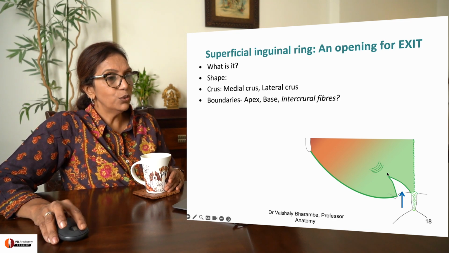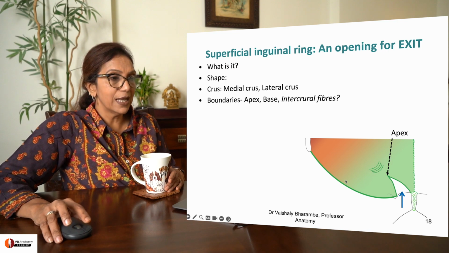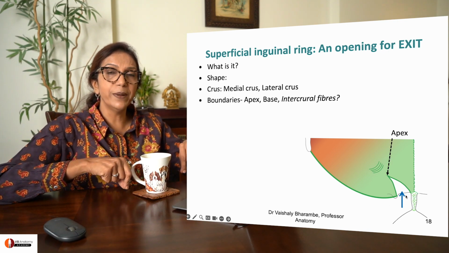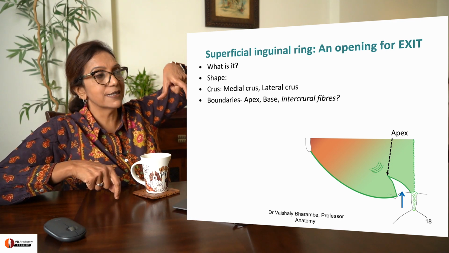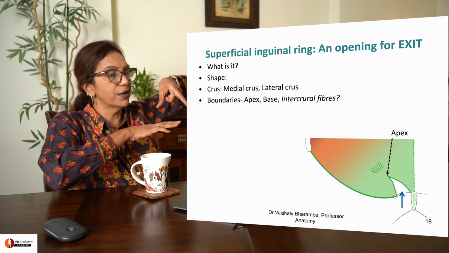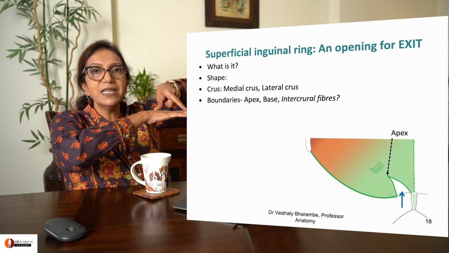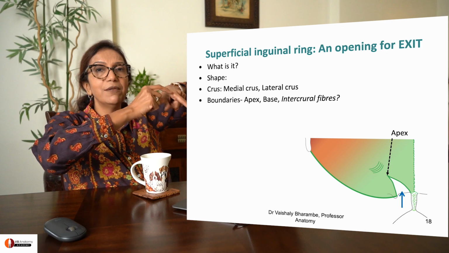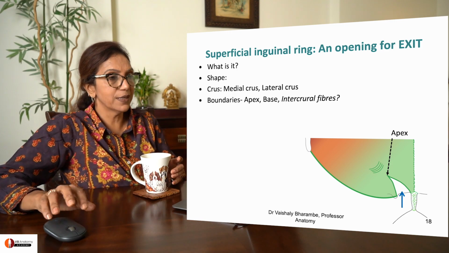The point where the two edges meet is called as the apex, and the base is where they get attached on the pubic bone. So you have to imagine it like this: medial crus, lateral crus, pubic bone. So this part which is attached to pubic bone is the base, and this part where the two meet is the apex.